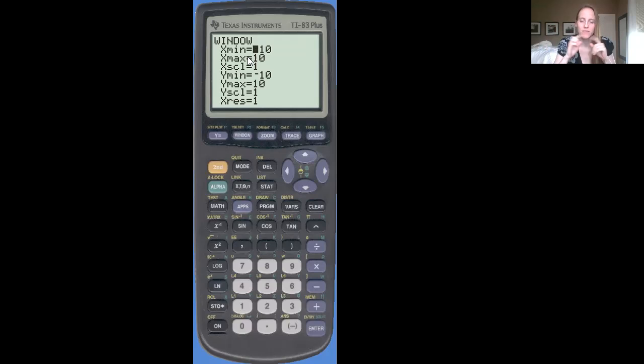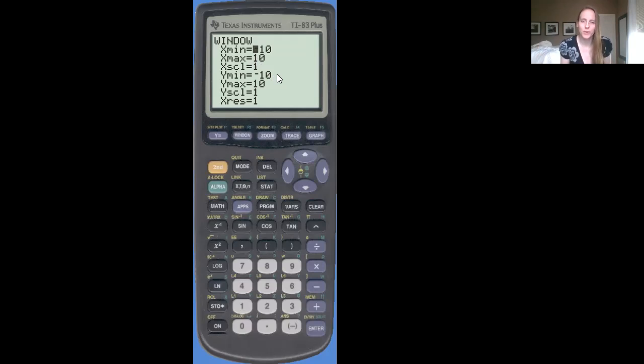And then the X scale is just what it's going up by. So if the scale is 1, it's going up by 1s all the way from -10 to 10. And then the Y's are obviously just the height of your graph. In this case, it's going from -10 to 10 with a scale of 1.